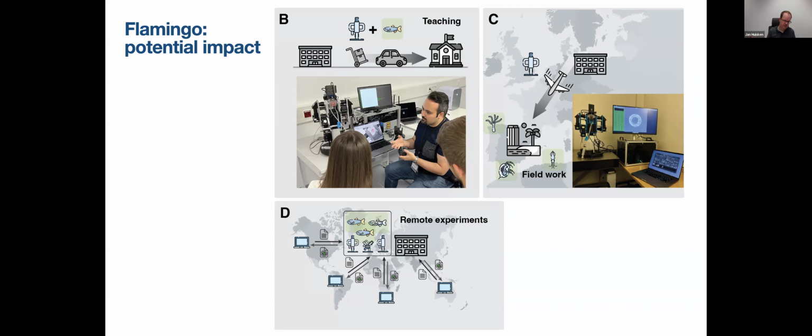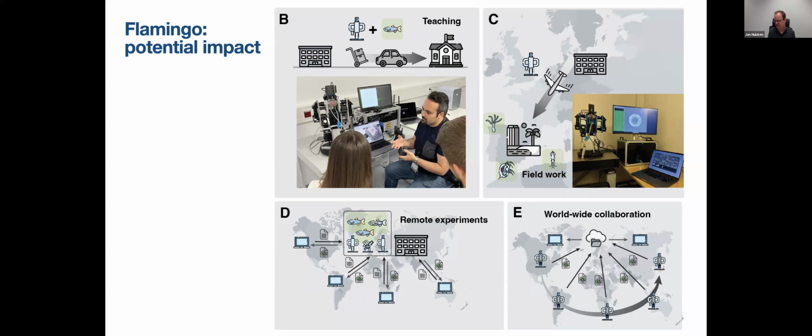We could, in principle, mount the specimen for you in one of our Flamingos, and you can remotely log into my lab and run an experiment. Maybe while we are not using the instruments, maybe at night in our time zone, you can log into the machine and run an experiment. So you don't even need to buy the microscope or have the sample. As long as the microscope is where the sample is, you could remotely run an experiment.